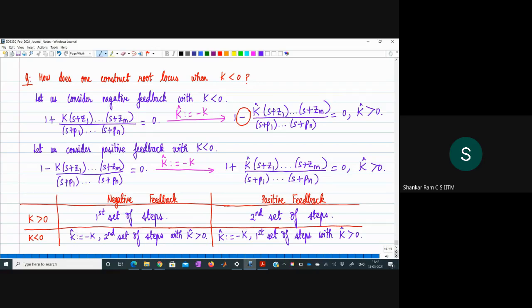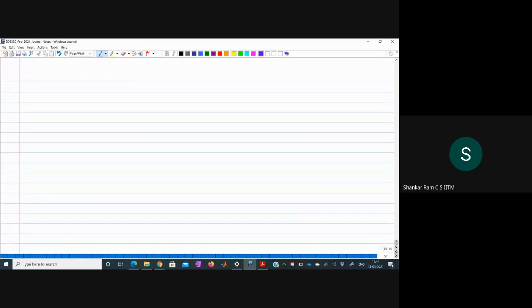This is what we will be doing. So that is the grid that shows the various sets of steps that we would be utilizing.